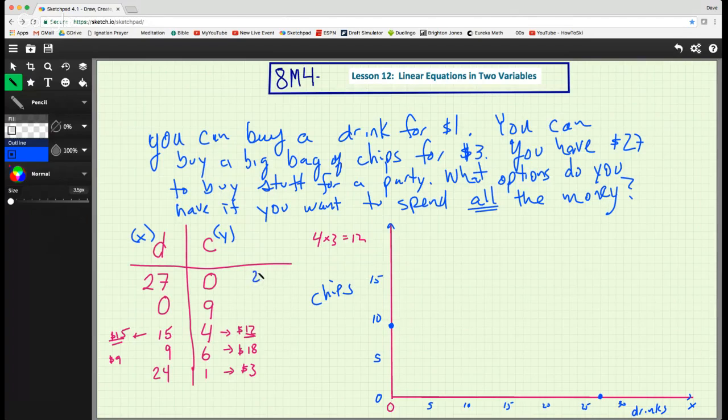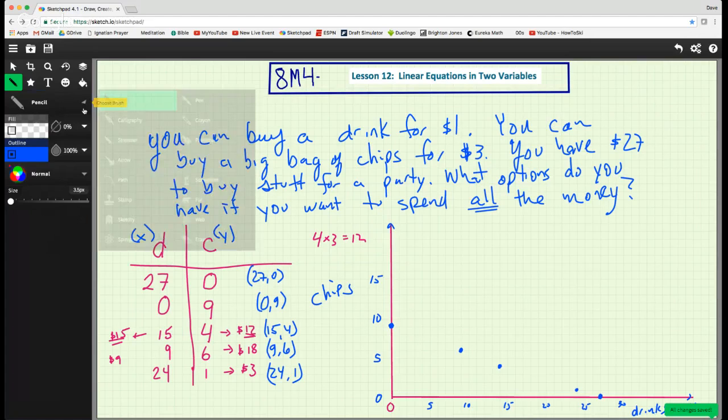That's 27, 0. And this is 0, 9. And this is 15, 4. This is 9, 6. This is 24, 1. So let's look at 15, 4, 9, 6, and 24, 1. And now let's make our line.